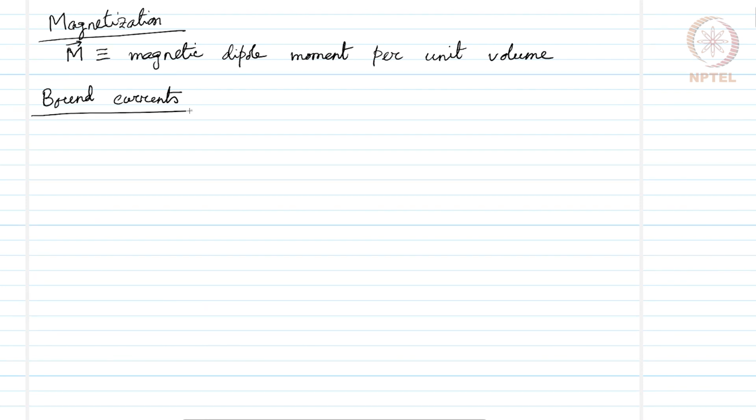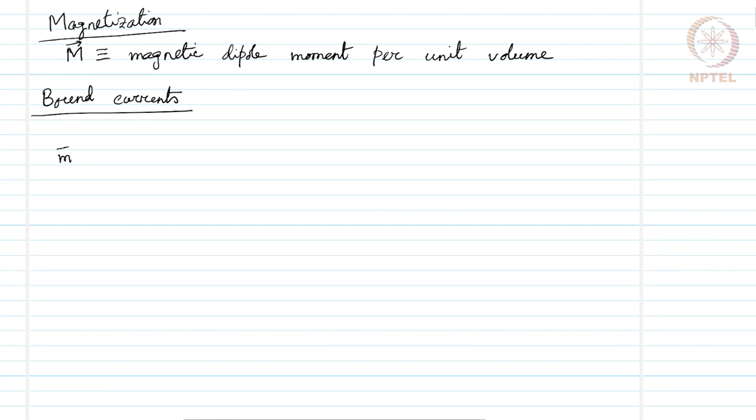If we try doing that, let us consider that we have a piece of magnetized material with magnetization capital M, and the vector potential for a single magnetic dipole, we know the expression.